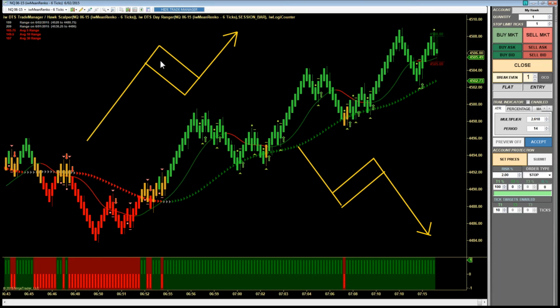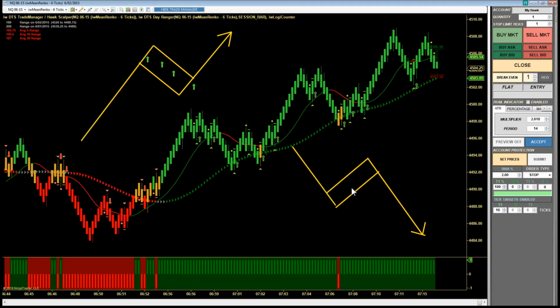It's during this consolidation period that we look for the arrows. And likewise with the downtrend, it seems to develop something like this.